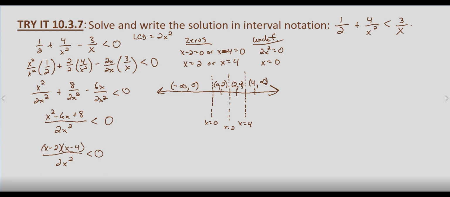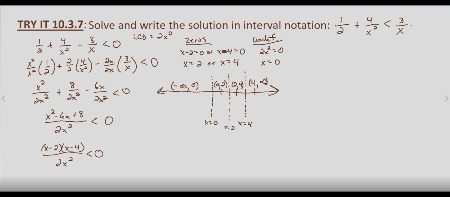And again, you can set this up where you have, is this factor positive, is this factor negative, is the denominator positive or negative, and then find their product and quotient. My preference is I'll just test a point in each one of these intervals.